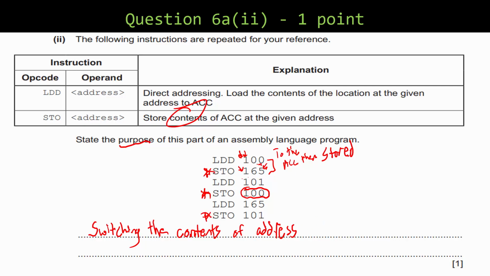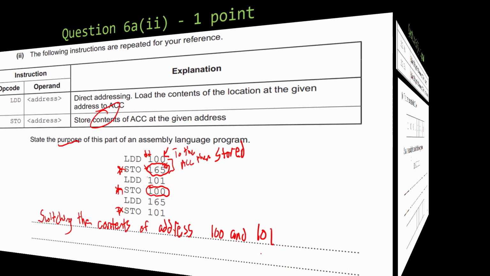And this store right here is so we don't lose what's in address 100. When we load 100, and we store it in 165, it allows us to access it again. So switching the contents of address 100 and 101. And just like that, I pick up a point. We're getting closer to the end, so let's go ahead and move on and wrap up this test.